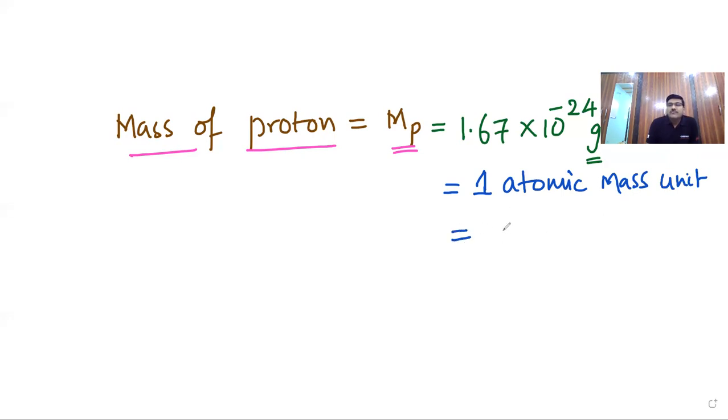In the short form, atomic mass unit is represented as AMU. That means the entire mass of proton, M subscript P, is equal to 1.67 into 10 to the power of minus 24 grams, and that entire quantity is equal to 1 atomic mass unit. Clear?